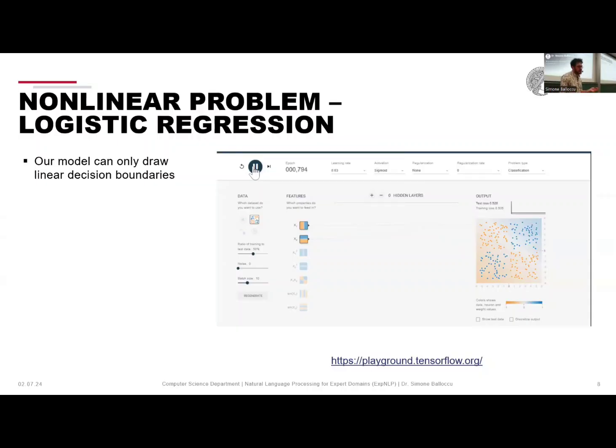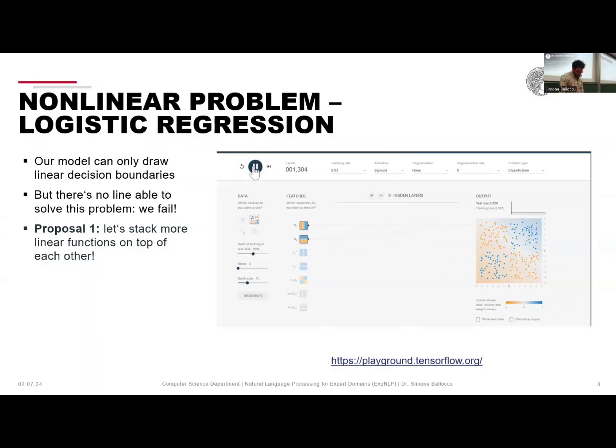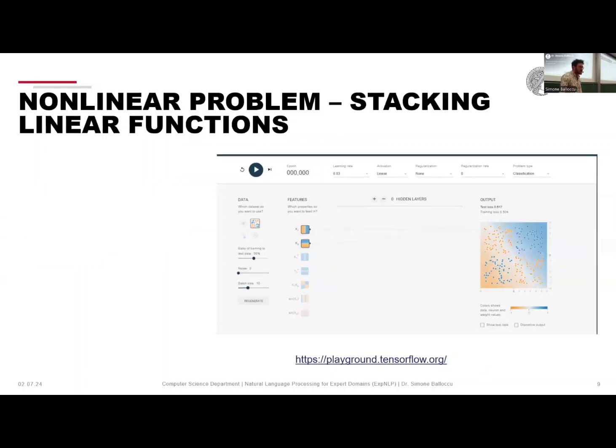There's no line that can solve this problem. So we fail. So we said we wanted this proposal: let's stack more linear functions on top of each other. Okay, so raise your hand if you think that by stacking multiple layers, we're gonna solve this problem.